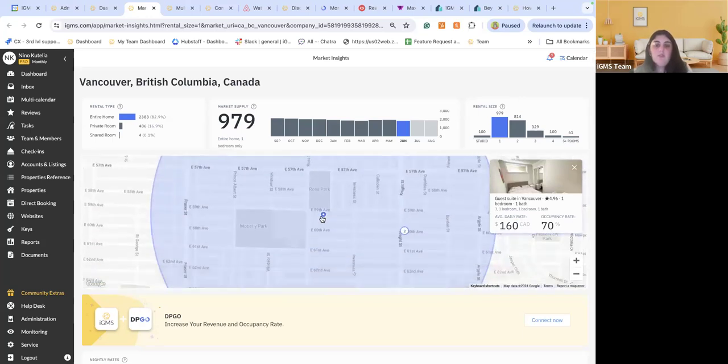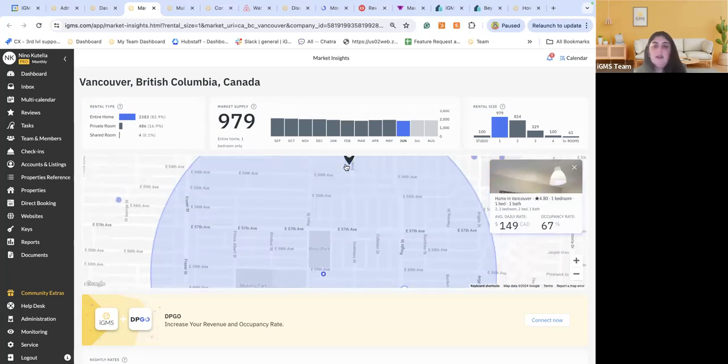It also should show up here. My average daily rate is 134, and my occupancy rate is 50%. So there's definitely some room for improvement in there. There's a 1 bedroom, 2 beds, and 1 bath. And they have 1 bedroom, 1 bed, and 1 bath, so it's even a lower number of beds on their listing.